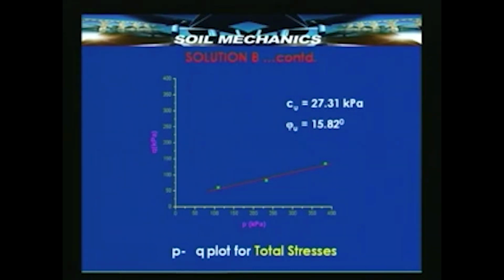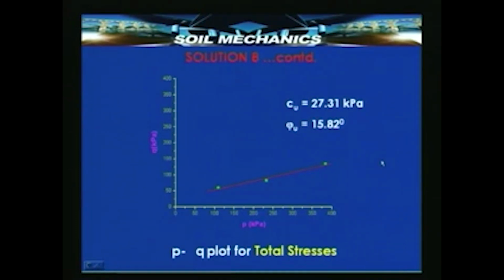If you plot P and Q, this is the kind of plot you will get for the total stresses, and this being a straight line, you can fit a straight line through all the 3 points, and you can find out the intercept and the angle of inclination, from which you can calculate the cohesion and friction parameters corresponding to the total stress condition, that is the undrained condition, which are usually known as Cu and phi u, undrained. So, in this particular problem we get 27.3 kilopascals and 15.82 degrees.